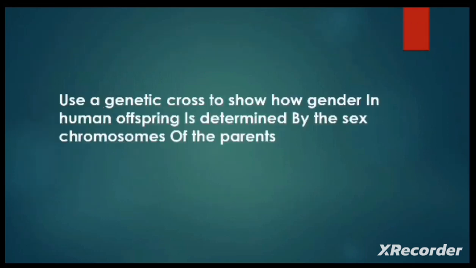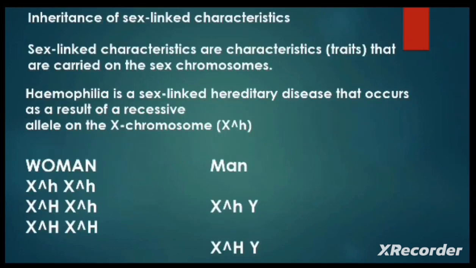You write the phenotypes female, female, male, male. That's what you're going to write. So this question is always simple because you can just cram this, and then when they ask you about how gender is determined and asking you to represent it using a genetic cross, you just write it.